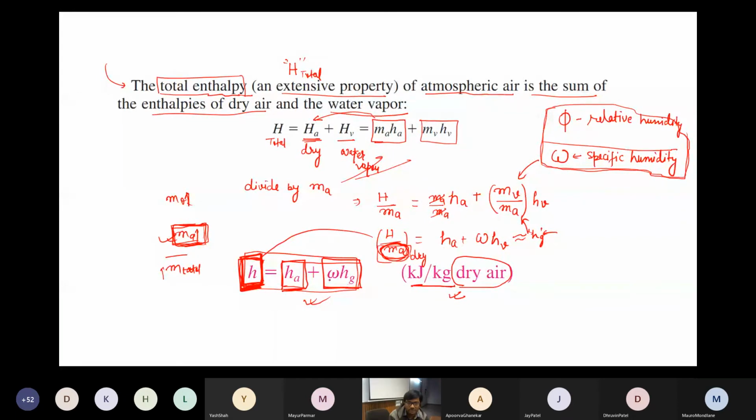The enthalpy of dry air is often written as CpT at that temperature, and similarly omega times h vapor. For air you can write Cp, or maybe Cp average, for dry air; you can take the value of Cp from the table, and T is the temperature.